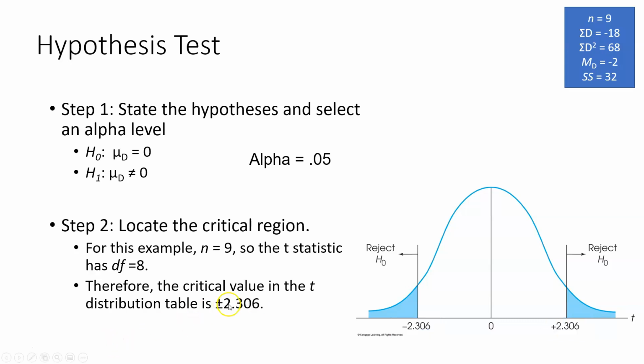Okay, your critical t is plus or minus 2.306. So you mark the regions that separate out the lowest 2.5% and the highest 2.5%. In your table, that's indicated by 5% combined in the two tails. And you find negative 2.306 on the lower end, positive 2.306 on the upper end.